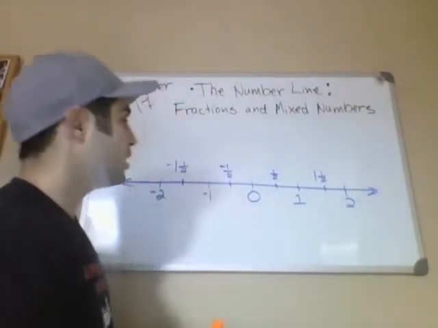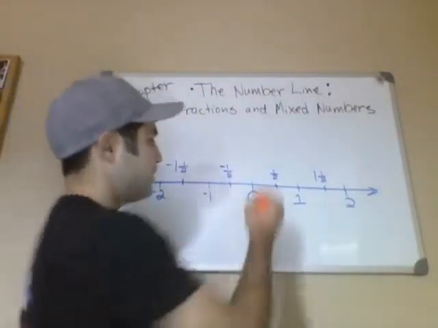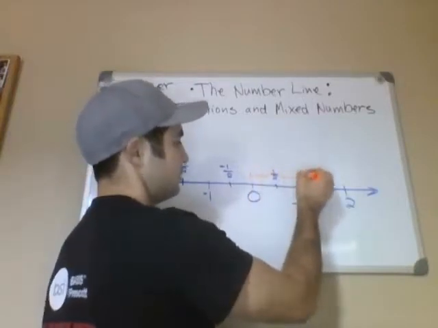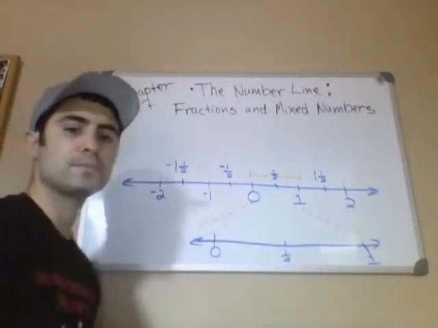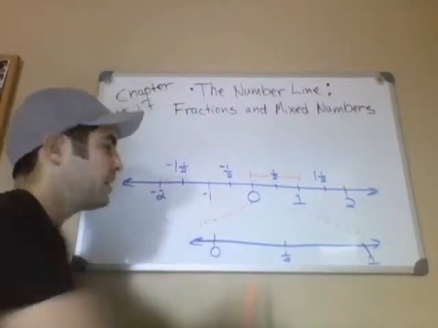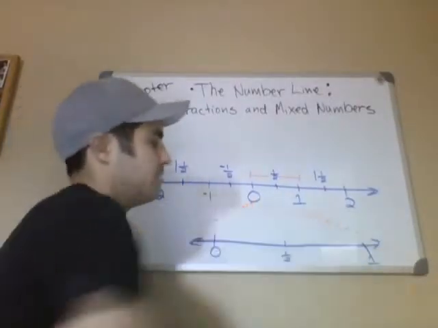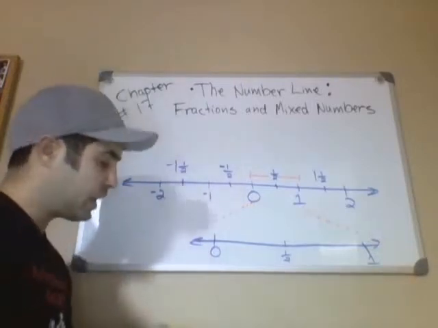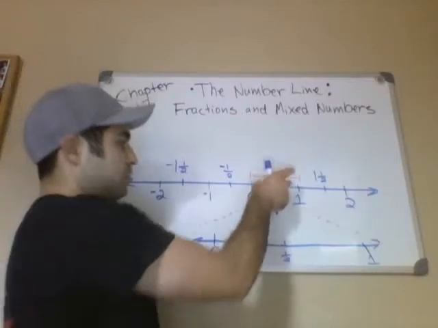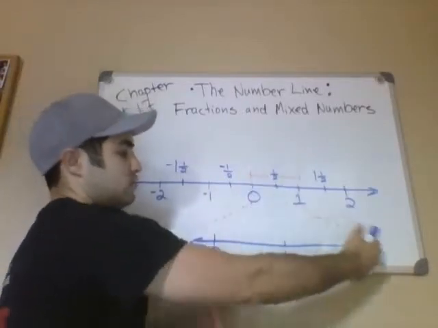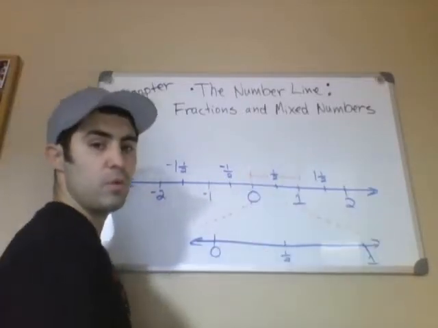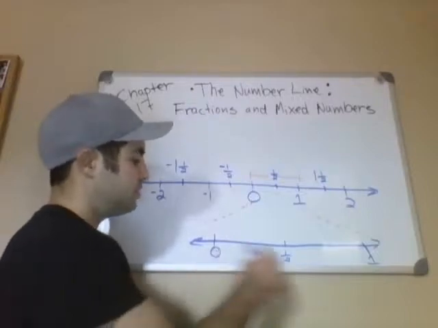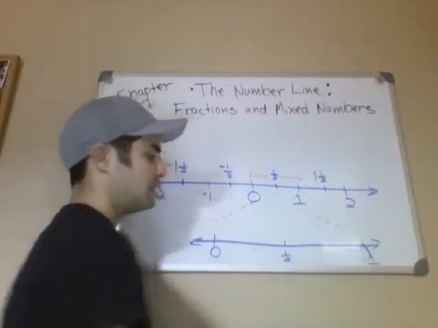All right, so let's talk about this section of the number line, from there to there. I'm going to redraw that. I don't know if you can see the little orange dots. They don't show up very well on the whiteboard when I'm filming. But anyway, here I've blown up this section of the number line so it's a lot larger, so we can put more numbers in there. So here's 0, here's +1/2, +1.